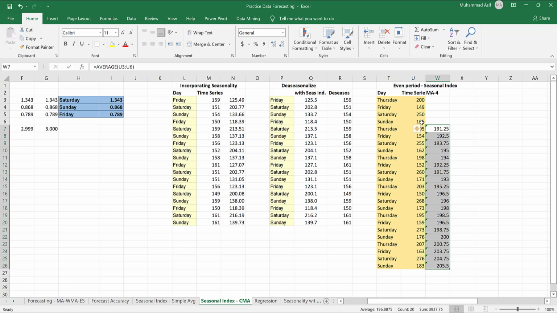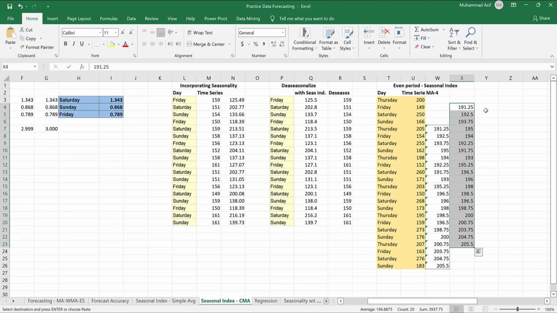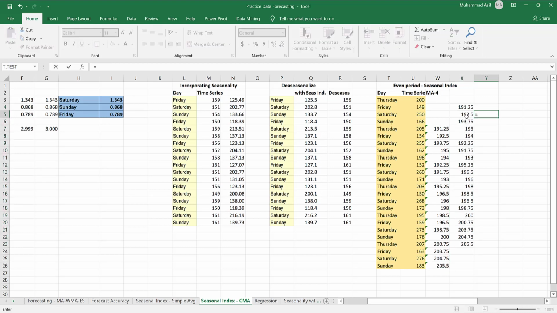So what we do is I will place these values here in front of the second one, and then in the next step I will take another average. That will be the average of these two values.